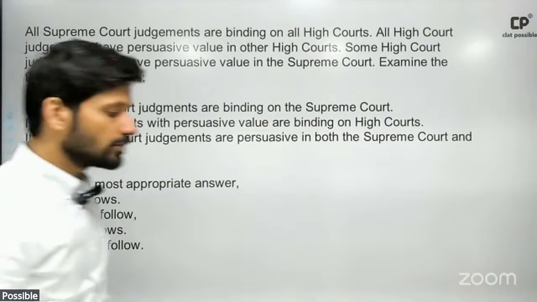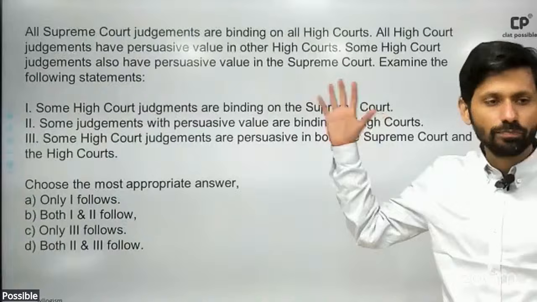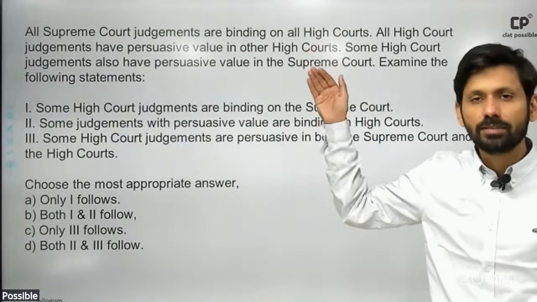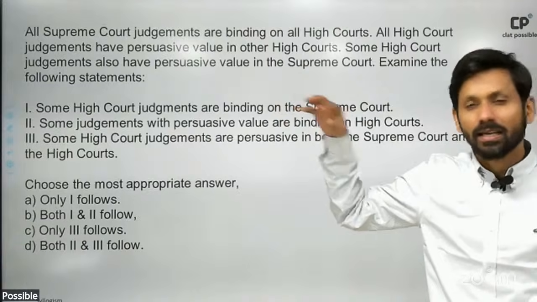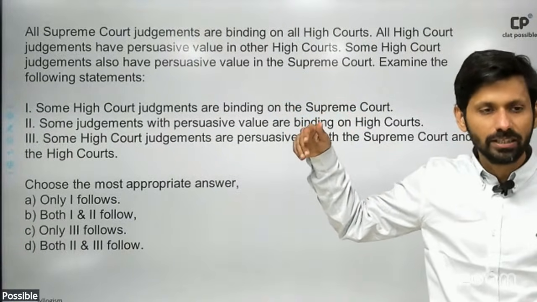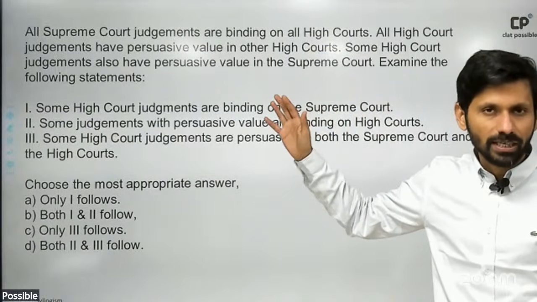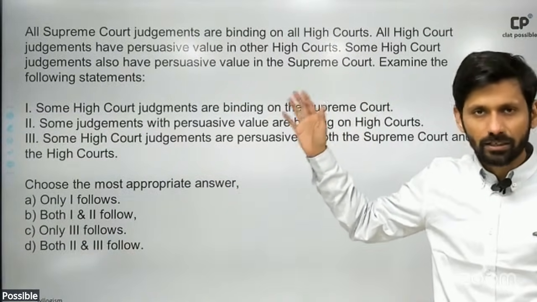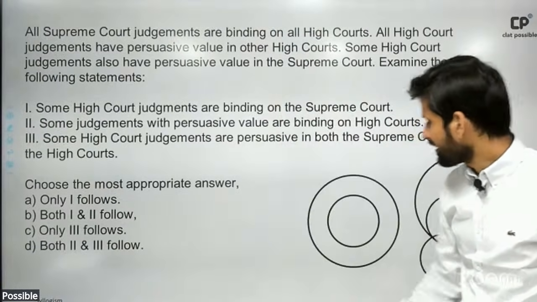By the looks of it, the statements may seem a bit complex: persuasive, value, binding, and maybe we understand this language also, having done so much of legal reasoning. But then it's not about that. It's just purely a deductive question. So look, I've drawn this.